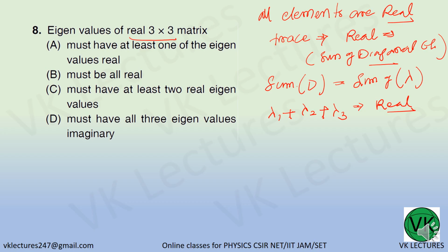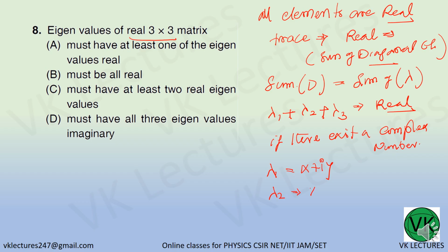Now if there exists a complex eigenvalue, let me write lambda 1 equal to x plus iy, then there must be lambda 2 equal to x minus iy. The complex conjugate should exist.